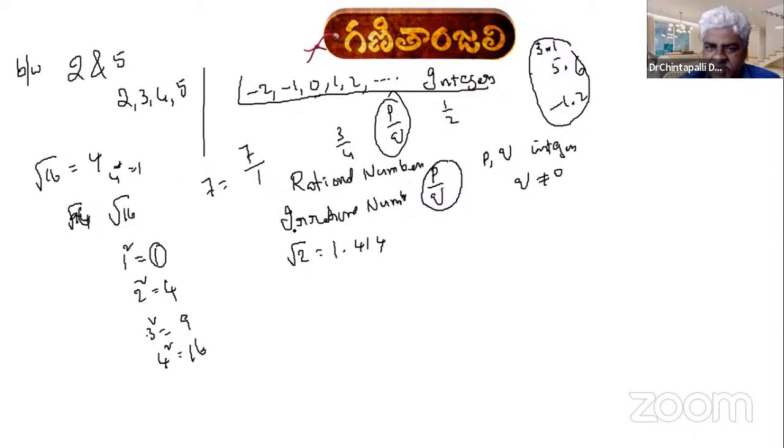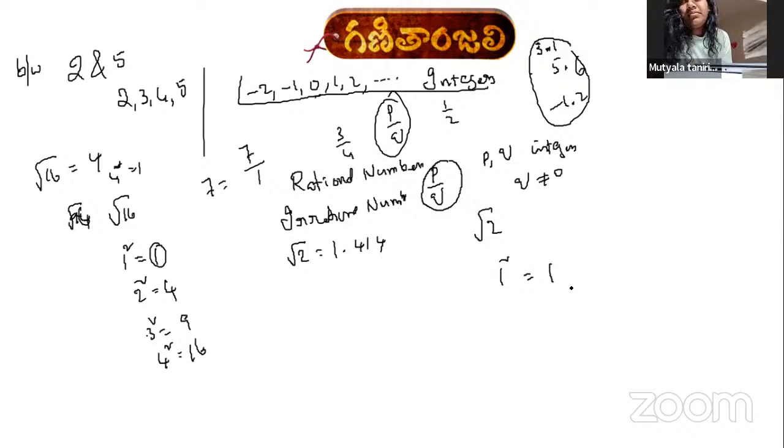The same way, let's try to find the value of root 2. Let us try 1. 1 square is 1. It is less than 2. So root 2 is greater than 1. Let us try 2 square, 4.